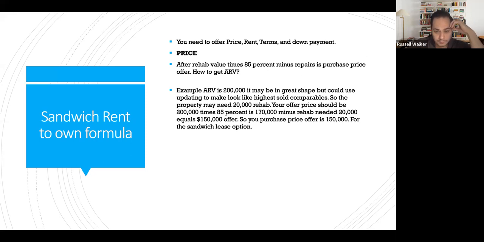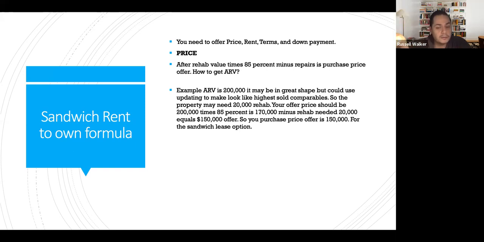So your offer price in this scenario should be $200,000 times 85%. If you multiply 200,000 times 0.85, you get $170,000, minus rehab needed of $20,000, which comes up to $150,000 as your max offer. So your purchase price offer is $150,000 as a max offer, right? This number is your max.